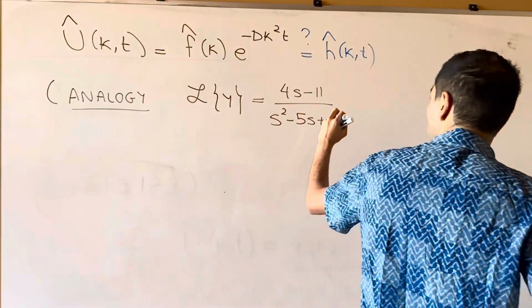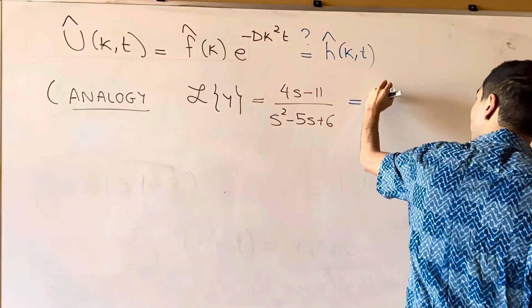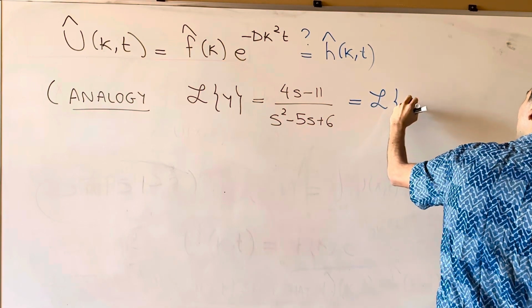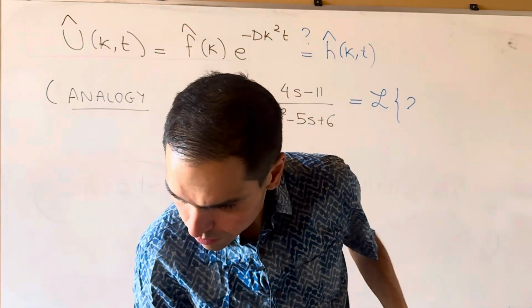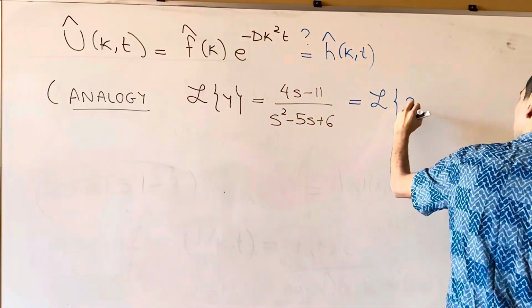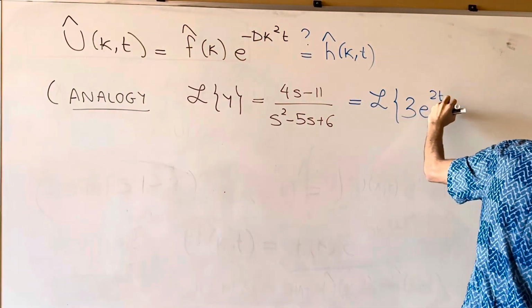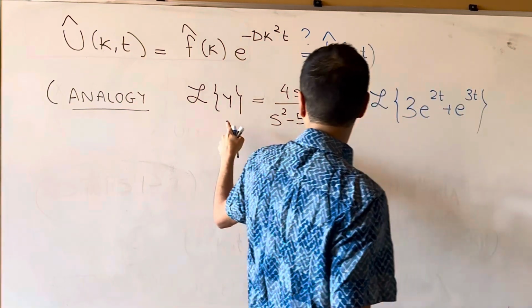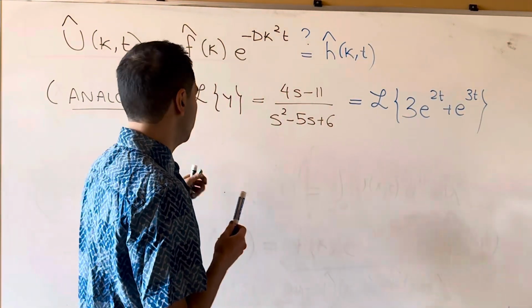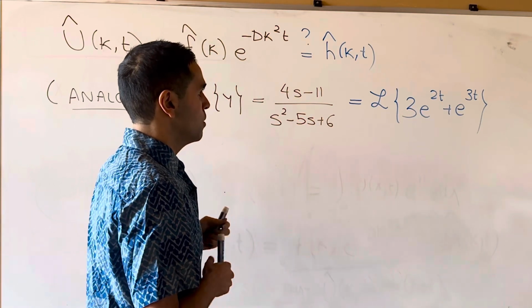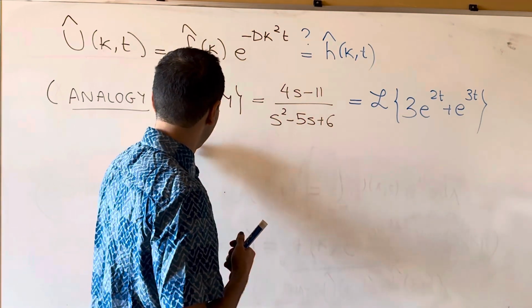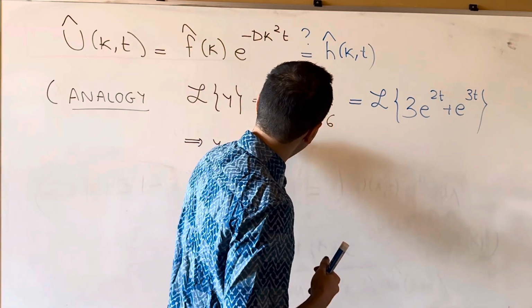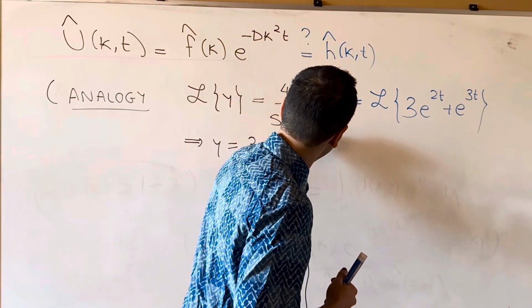So using partial fractions, we're able to write this, for instance, as Laplace of, I believe, 3e to the 2t plus e to the 3t. And then we're able to conclude that y is 3e to the 2t plus e to the 3t.